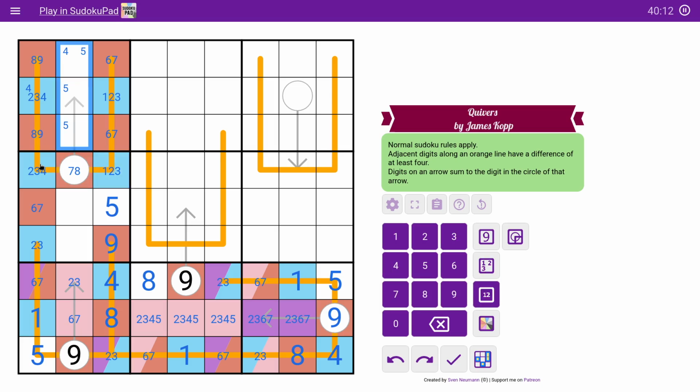And now these are all small, 5 or less. So it's a 5 together with either a 2 or a 3. That accounts for all the 2s, 3s in the column.